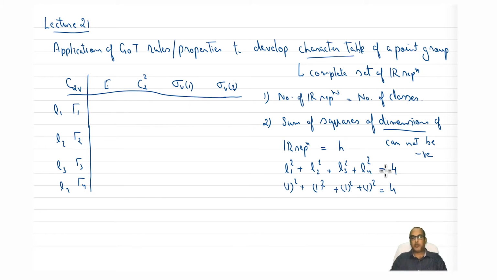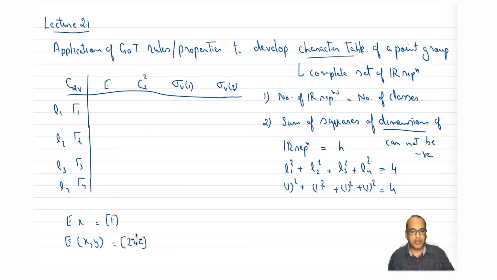And we also know that the character under E represents the dimension. Why do we say that? Let's say we are applying E on a unit vector, then I will get a 1 cross 1 matrix. If I am doing the E operation on a basis set which has X and Y, I will get a 2 cross 2 matrix. So if I get a 1 cross 1 matrix, the dimension is 1.